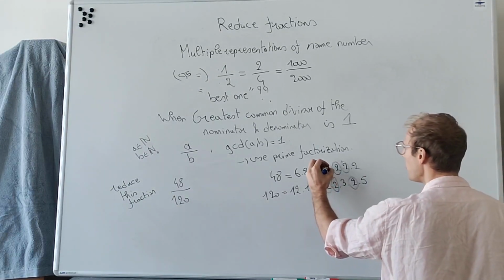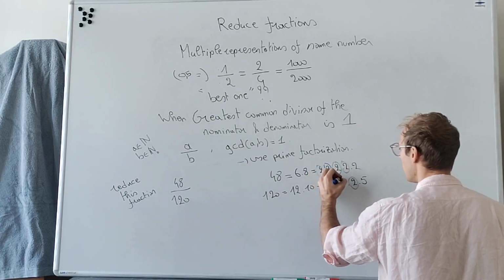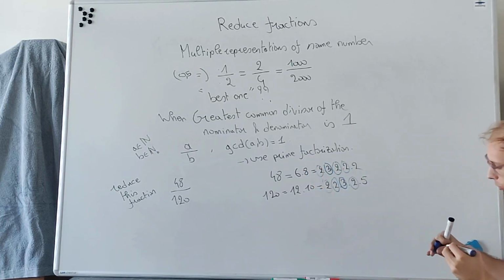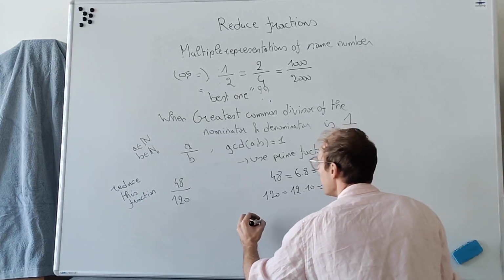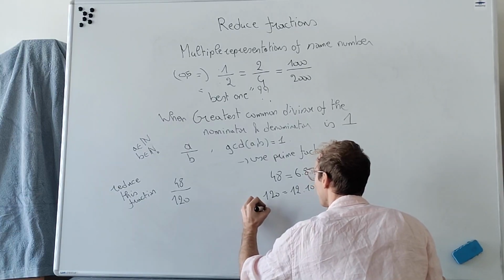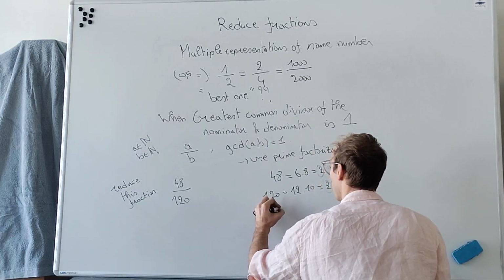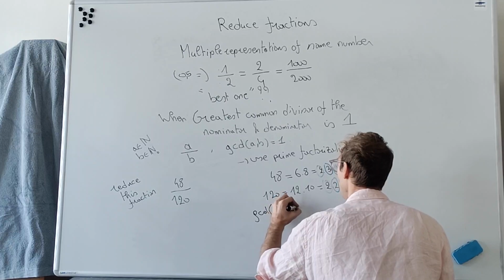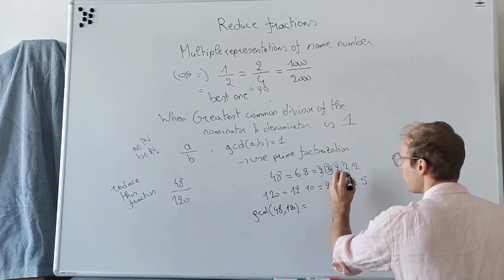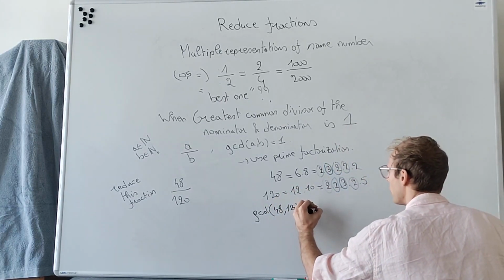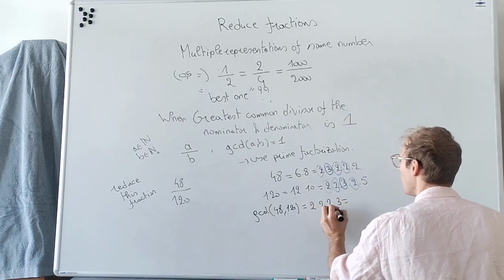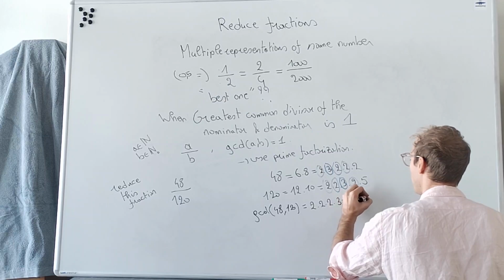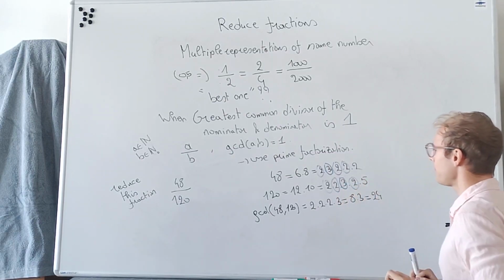But we also have a 3, which appears in both prime factorizations, and the 5 does not appear in 48. So we can read off that the greatest common divisor of 48 and 120 is everything we encircled. So it's 2 times 2 times 2 times 3, which is 8 times 3, which is 24.